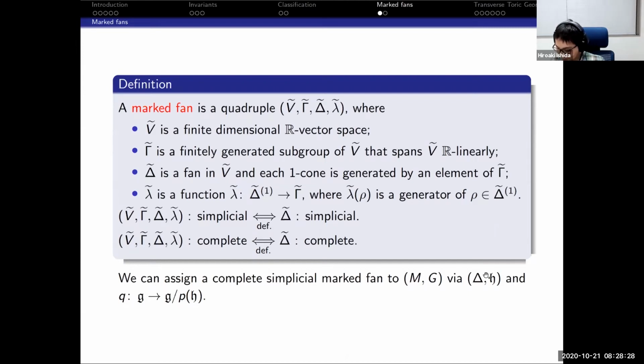And since each one-dimensional cone in delta has a natural generator, we also have a function lambda tilde in a natural way. Okay. So we can assign a complete simplicial marked fan to a complex manifold with maximal torus action.